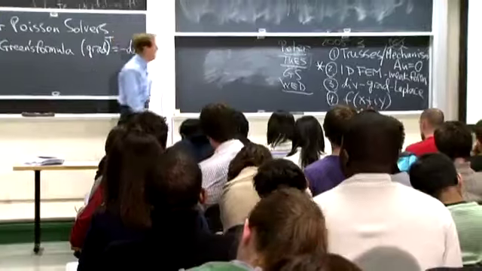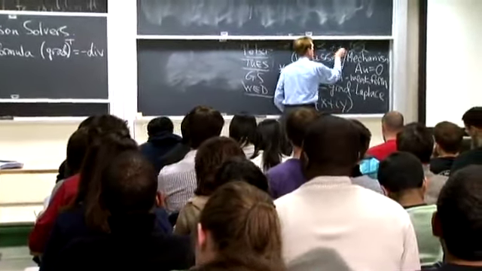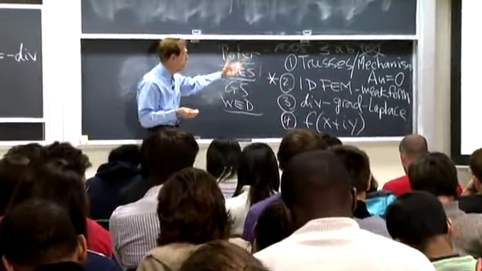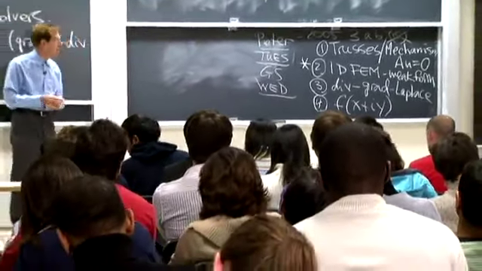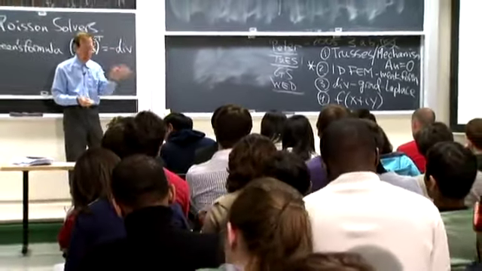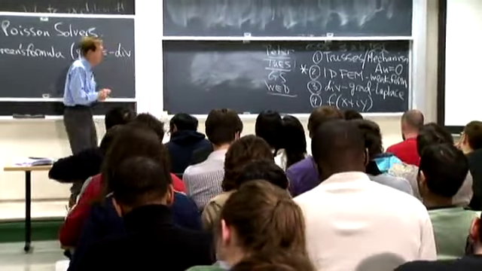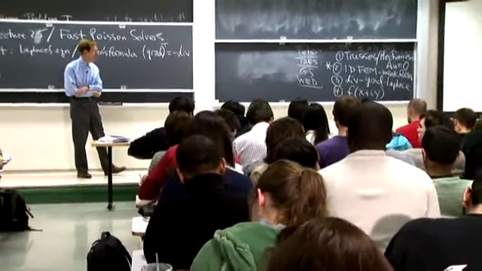Forget it. I would look at A and B. A and B are worth looking at in this div-grad, potential, stream function world that we're in. Those are typical exercises in that area.